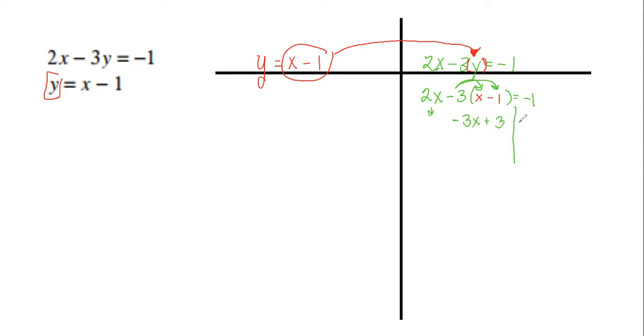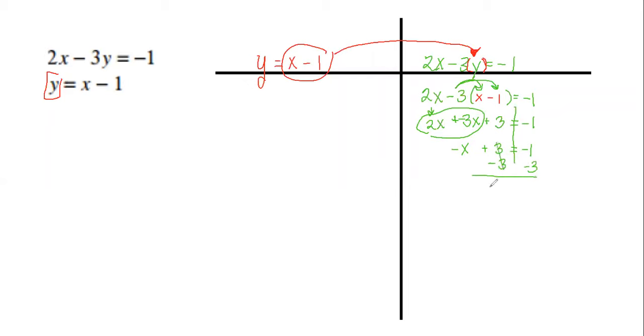Then we're just going to bring down the 2x. This equals -1, okay? So then what I'm going to do is these are alike. So 2x, we can do keep, change, change. 2x plus -3x is -1x plus 3 equals -1. I'm going to take 3 away from each side.